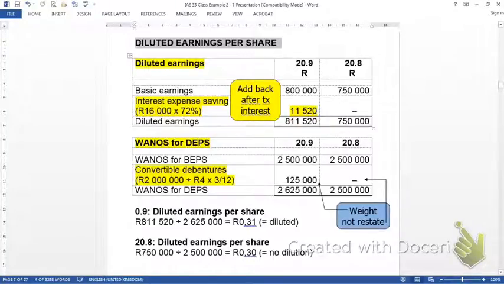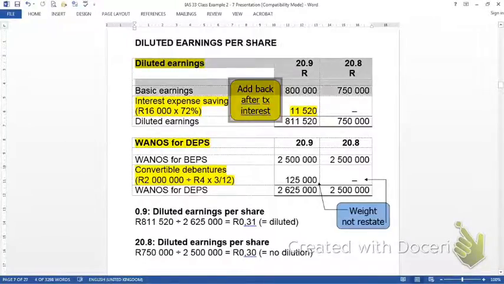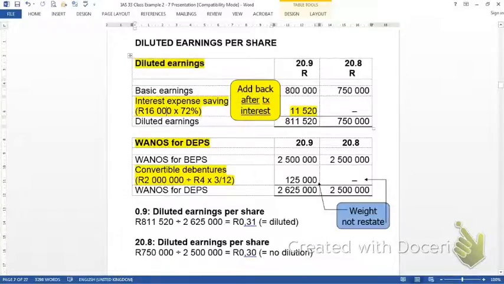To be able to do that, we first have to see, must the earnings be adjusted to get your diluted earnings? And yes, because this was a debenture that will be converted into ordinary shares in future, we have to add back the after-tax effect of the interest expense.